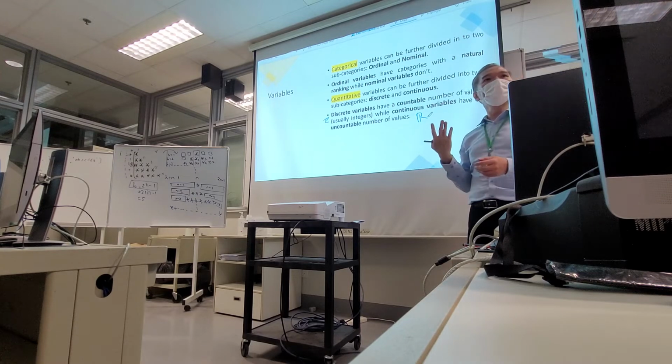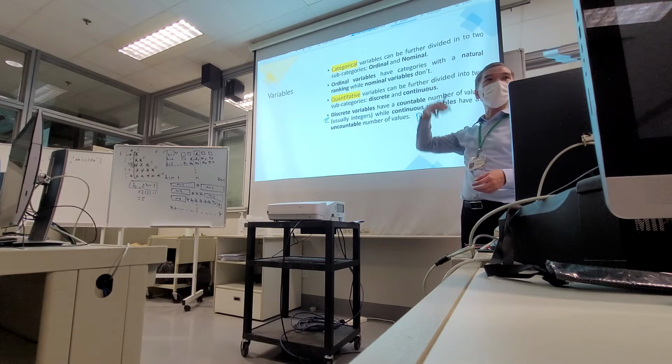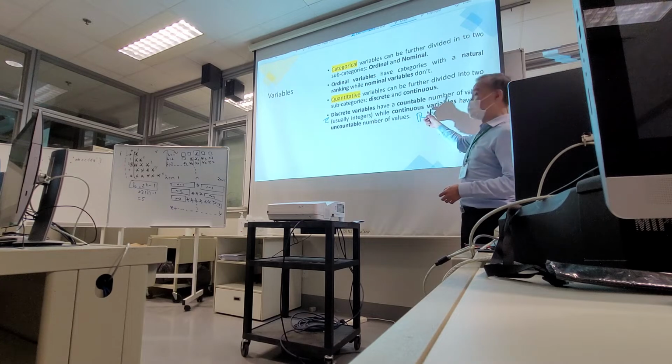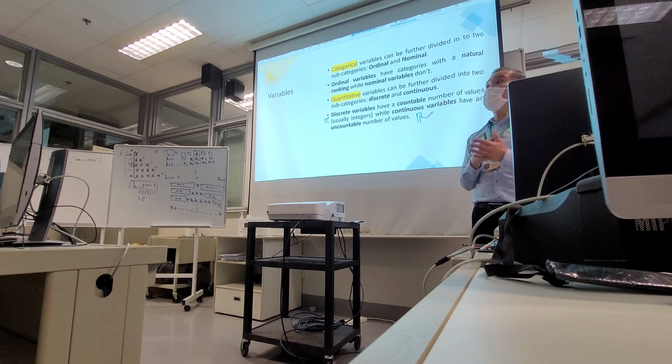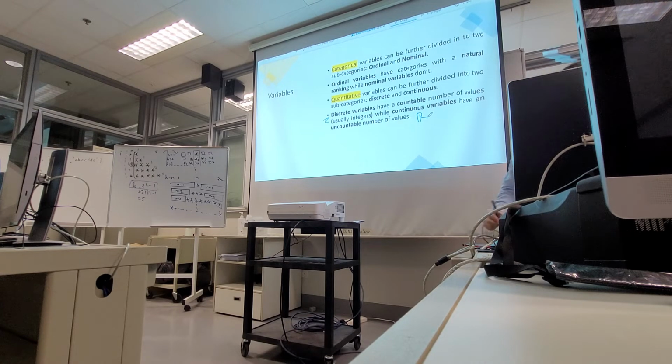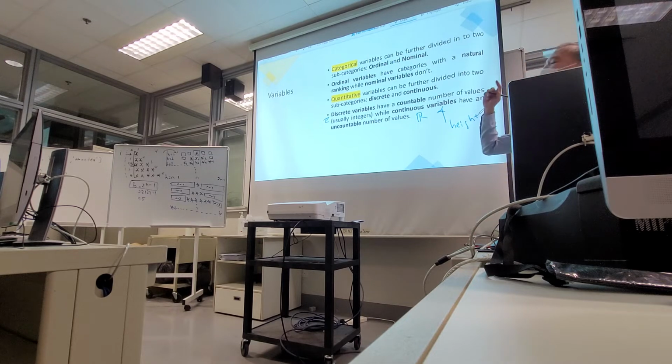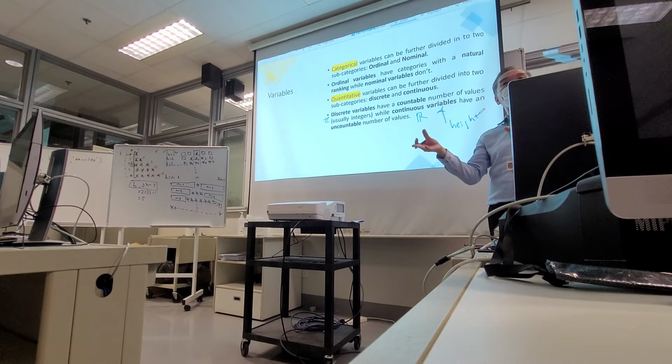How about height? How tall you are, the height is continuous, because it's 1 point something, 2 point something. So these are continuous. Are you following me? Okay, I'll give you an example for height. Height is a quantitative continuous variable.